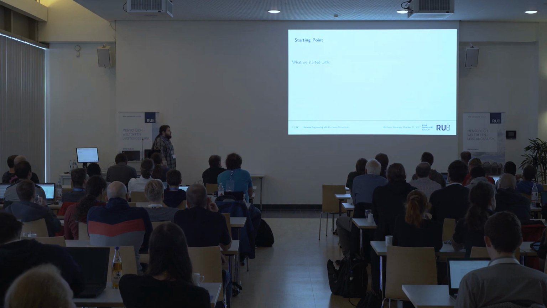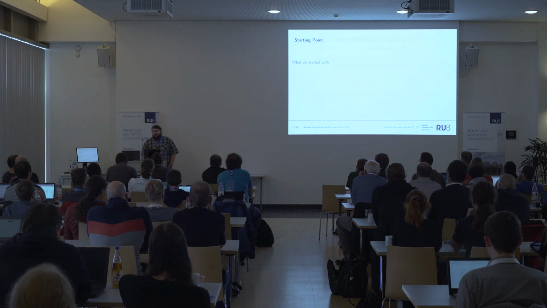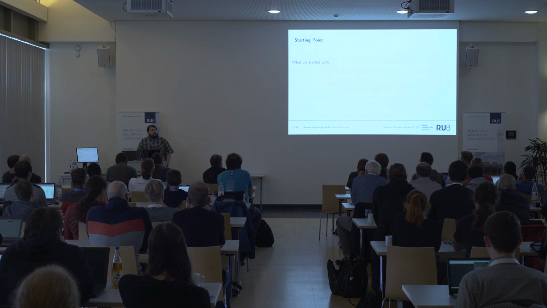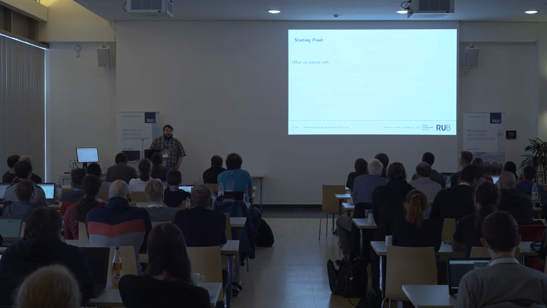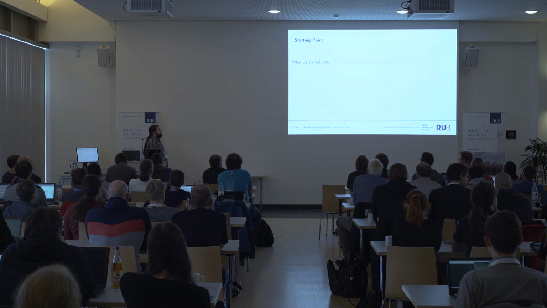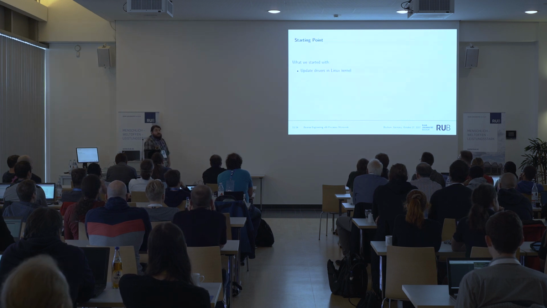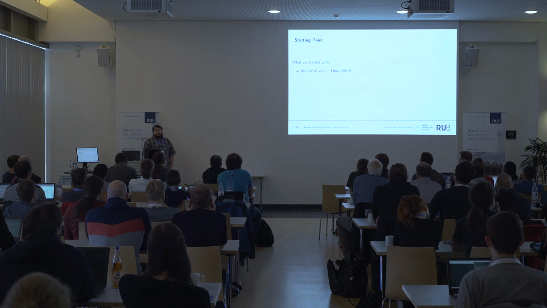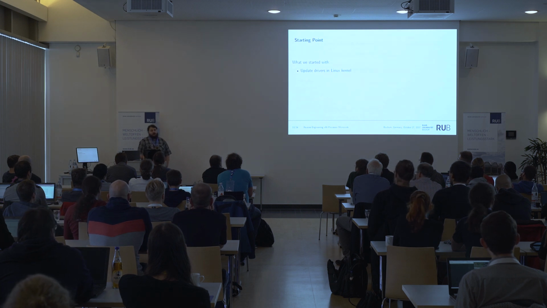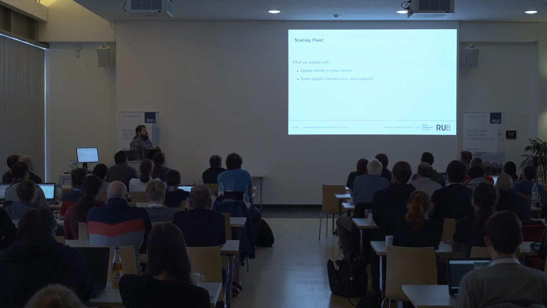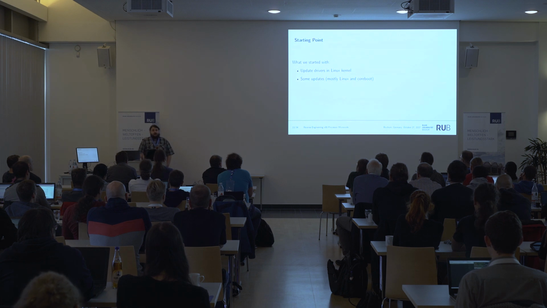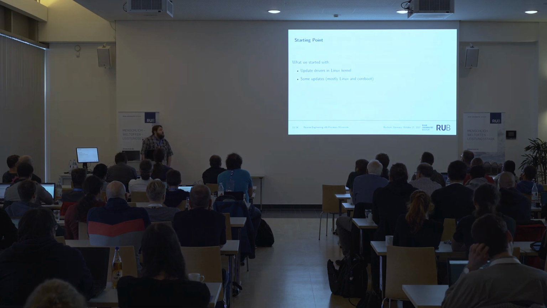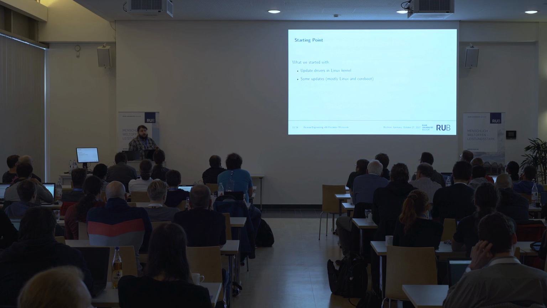So we looked at the blobs, and we wanted to know what is actually happening. So we also did some research around, and this is what we started with. We had the update drivers in Linux code, so applying the blob itself was not really much of a challenge. We had some updates, so we had something to look at. We mostly gathered them from the Linux update packages and also from coreboot.